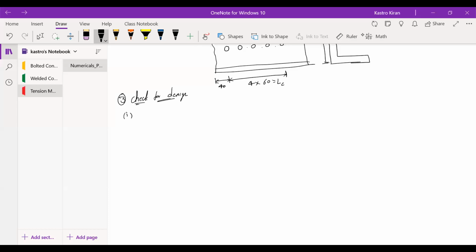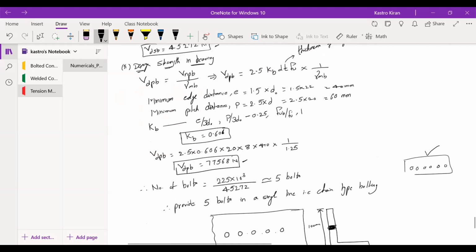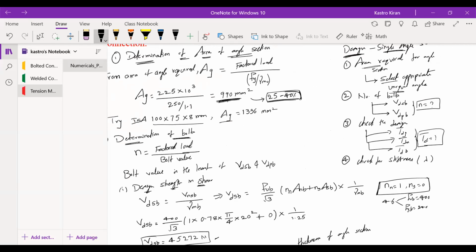The first case is strength due to section yielding, or gross section yielding, or gross yielding. Anything is the same. Or design strength due to gross yielding. So TDG, if you refer to page number 32, clause 6.2, equals AG into Fy by gamma m naught, where AG is the gross area of the angle section which you have selected.